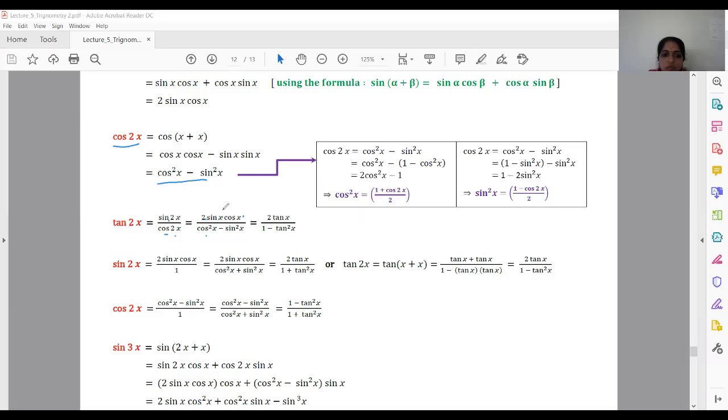In the place of sin 2x, I write 2 sin x cos x. If I divide these by cos square x, then one cos x will be cancelled, and 2 sin x upon cos x is tan x. In the denominator, cos square x upon cos square x is 1, minus sin square x upon cos square x, which is tan square x.